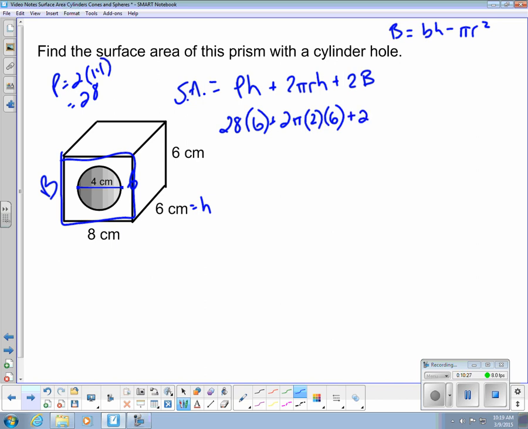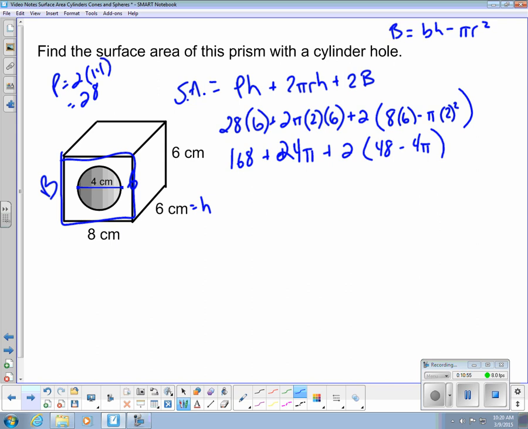Plus 2 times, now here's where my work comes in. My base is 8 times 6 minus pi times 2 squared. So as we start simplifying this, 28 times 6 is 168, plus 4 times 6 is 24 pi, plus 2 times 48 minus 4 pi.